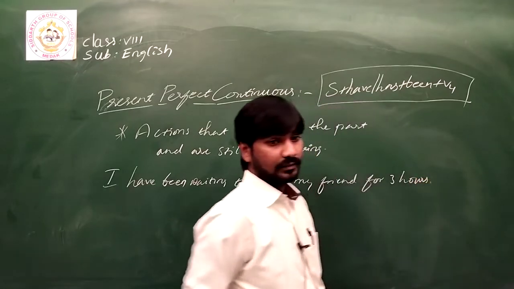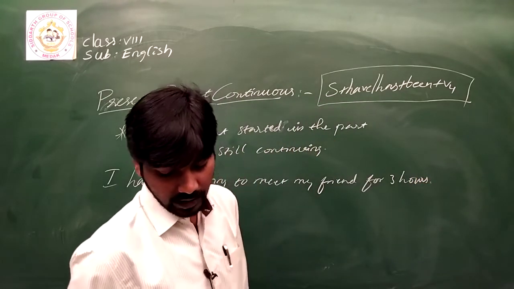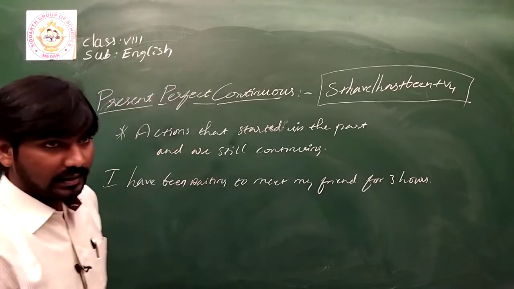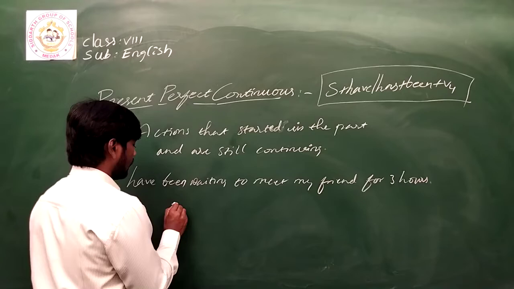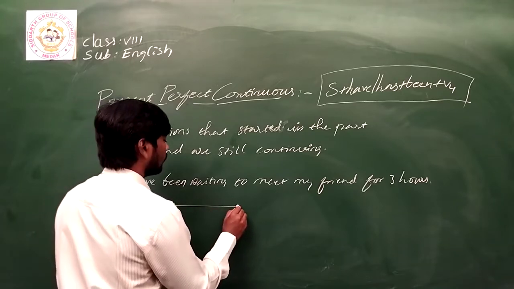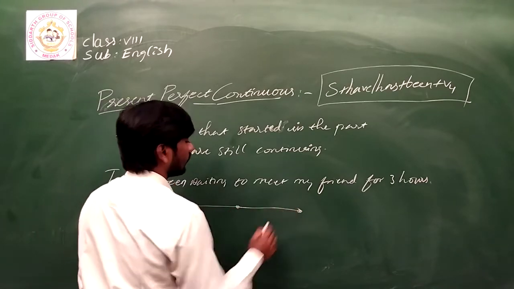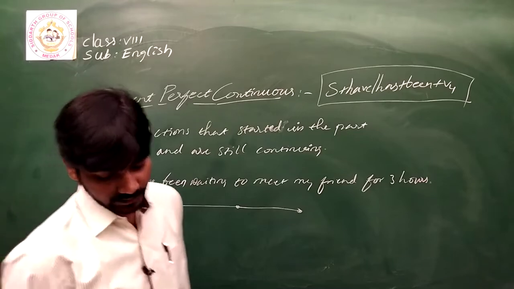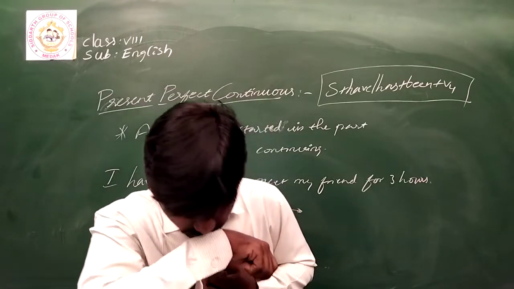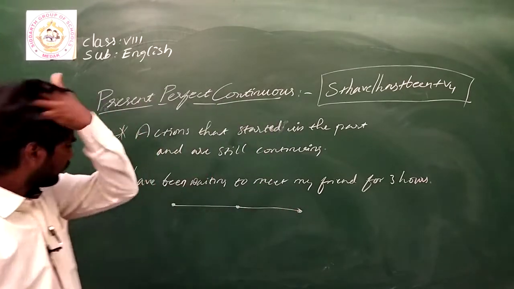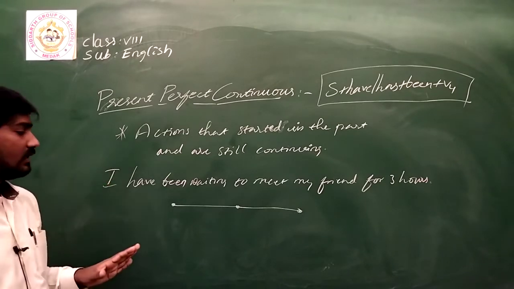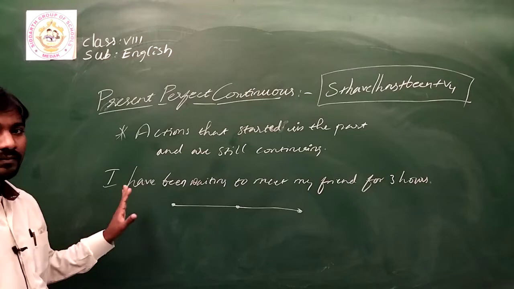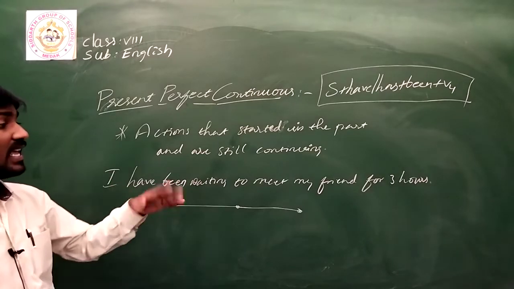I have been waiting to meet my friend for 3 hours. Okay, let us understand. Children, read the sentence once. I have been waiting to meet my friend for 3 hours. So I am still waiting, and I started 3 hours before.